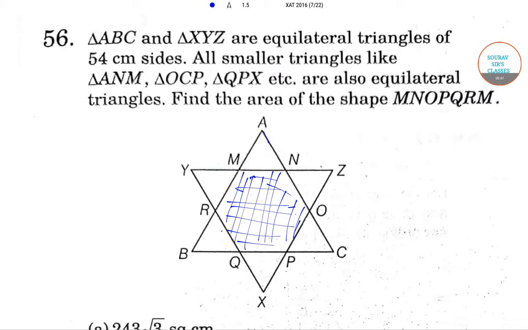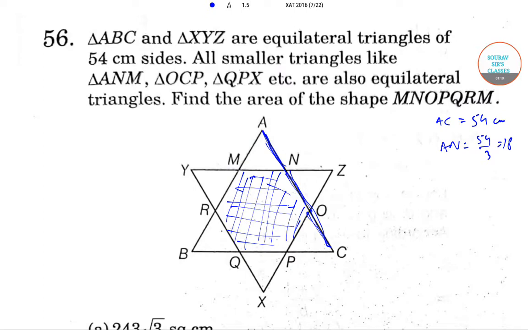Now, since this side, say AC, is equal to 54 centimeters, AN would be 54 by 3, which is equal to 18, because this is equal to this is equal to this.